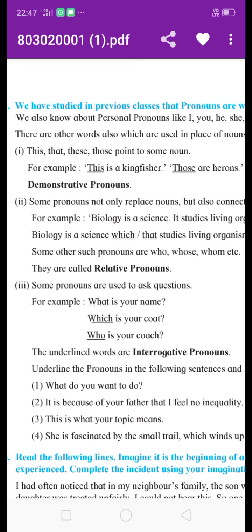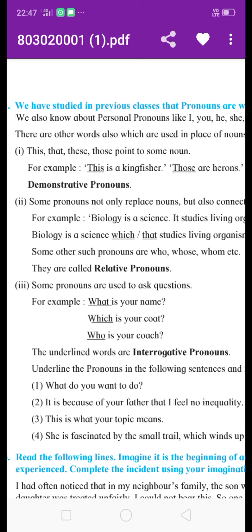For example, you yourself will have to clear this idea. Or we ourselves opened the packet and found it empty.